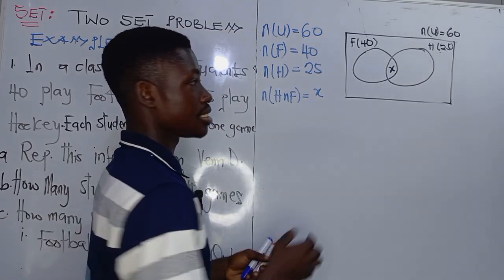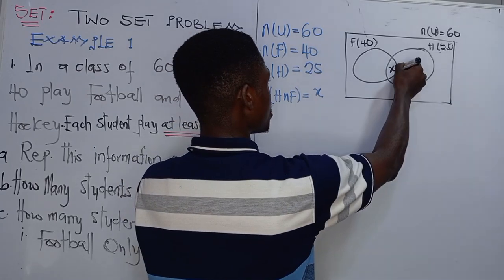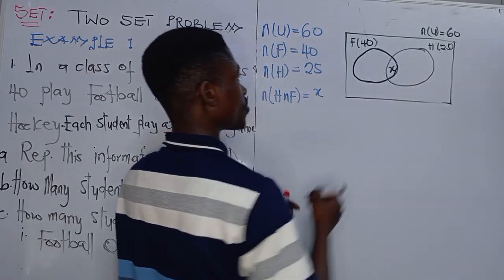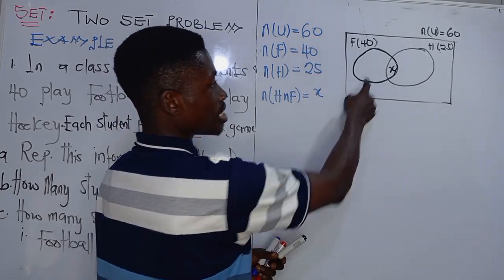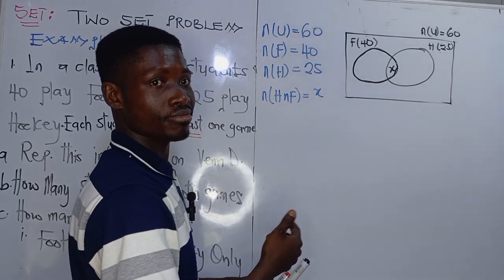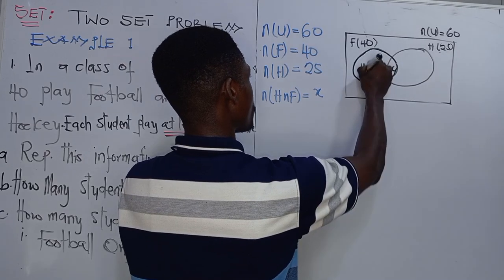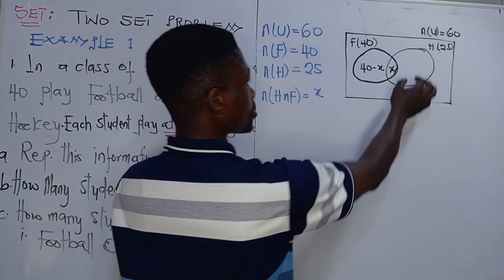Now we are saying that the whole of this circle is for football. So if you are looking for football only, which is this region, what must you do? I believe you are saying that you subtract X from 40. So you have 40 minus X. The same thing applies to this particular region.